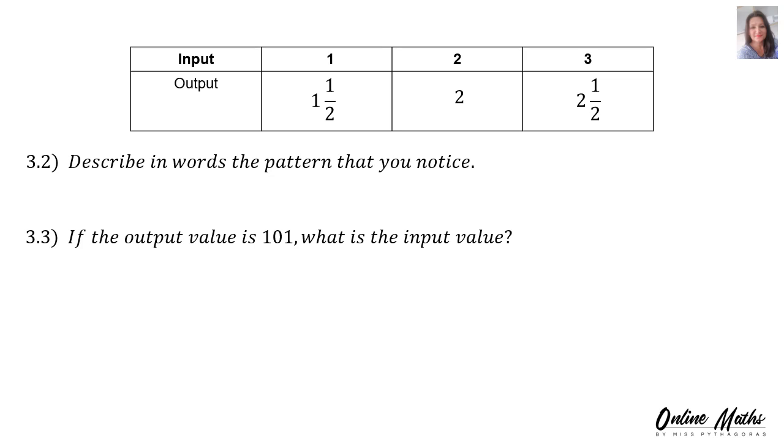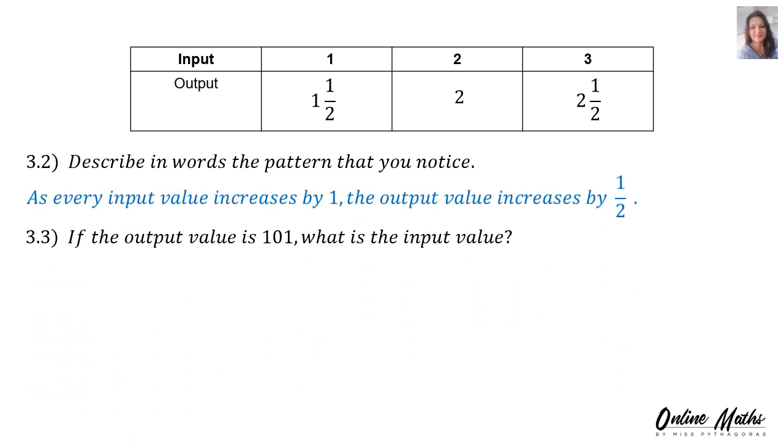What I did here was from the previous slide, they are the input values. They are 1, 2, and 3, and then the corresponding output values were 1.5, 2, and 2.5. Now question 2 says, describe in words the pattern that you notice. Now what's the pattern?